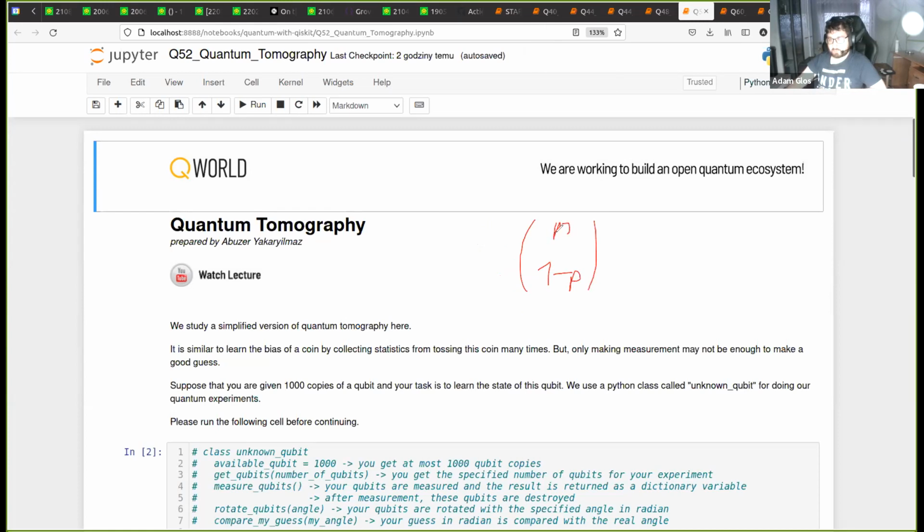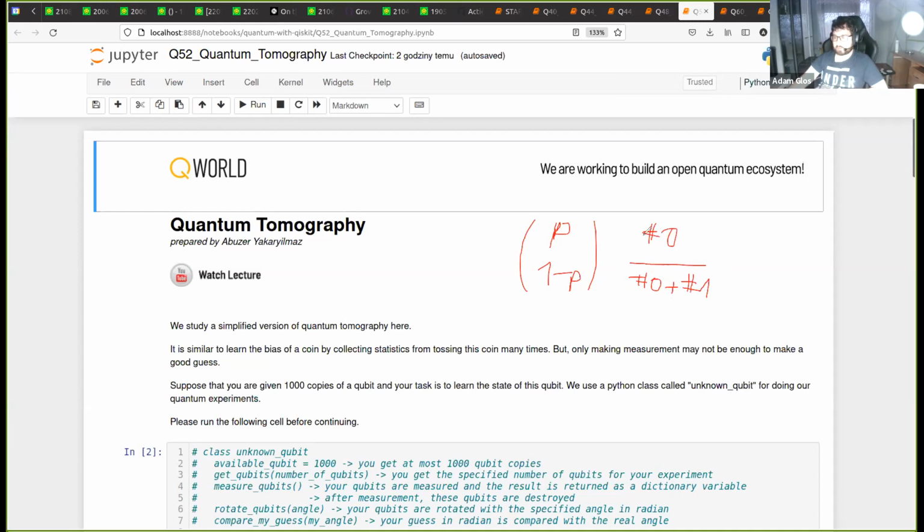Perhaps you solved the task before. How can you derive the value of P if you have many bits from this distribution? You can take the number of zeros and divide it over the number of all samples, right?